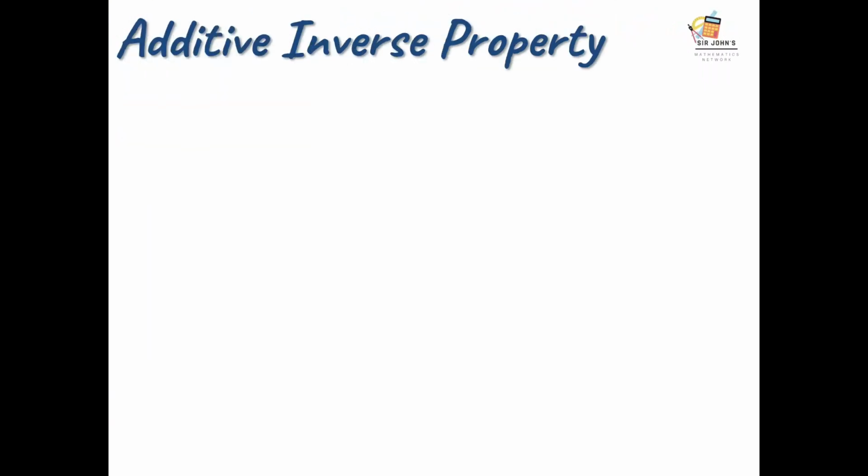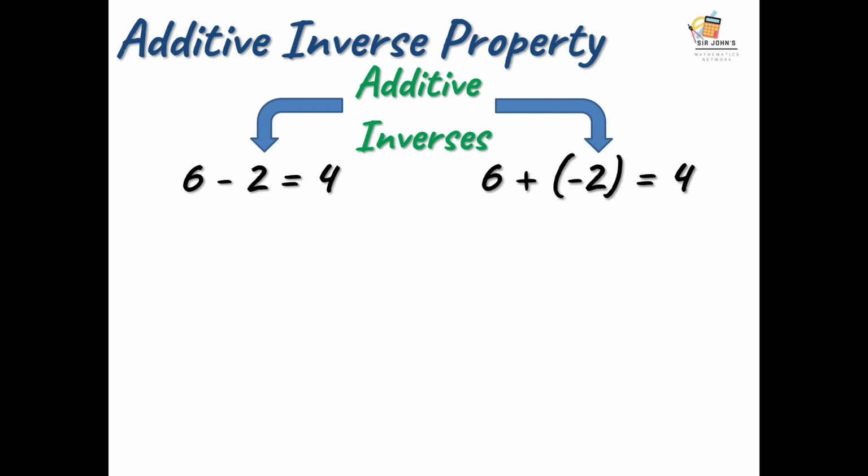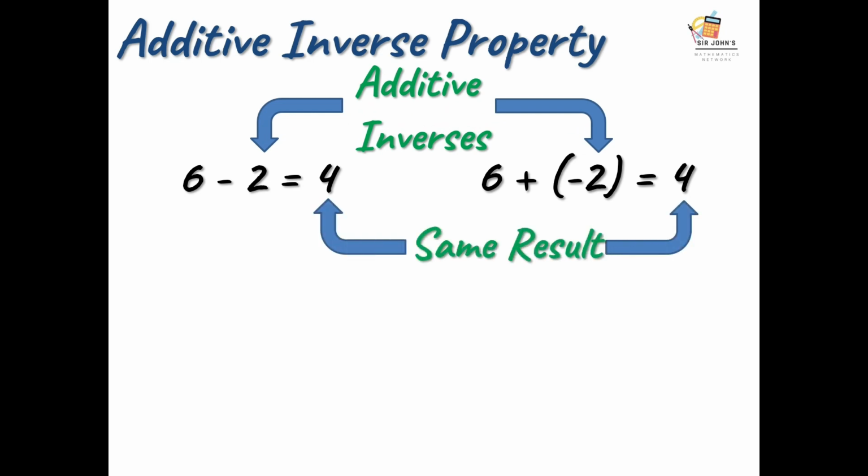Additive inverse property can be used when subtracting integers. Let's say, for example, 6 minus 2 is equal to 4. And 6 plus negative 2 is equal to 4. Kung mapapansin nyo, gumamit tayo ng additive inverses. Pero, we obtained same result.